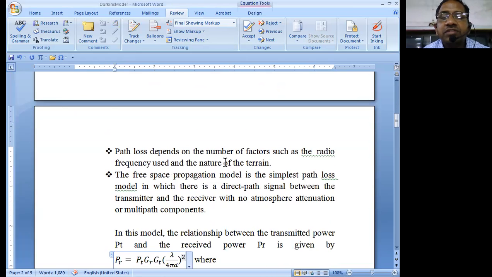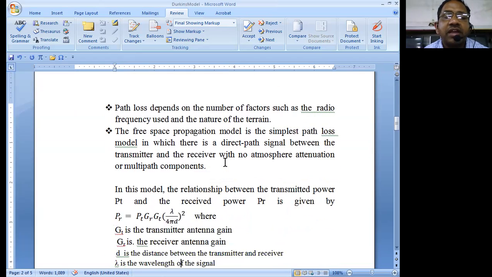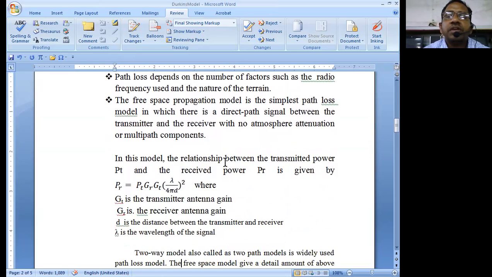Path loss depends on factors such as the radio frequency used. Obviously, as the frequency increases, it can penetrate or travel longer distances. It also depends on the nature of the terrain, which is an obstacle between the transmitting antenna and the receiving antenna.